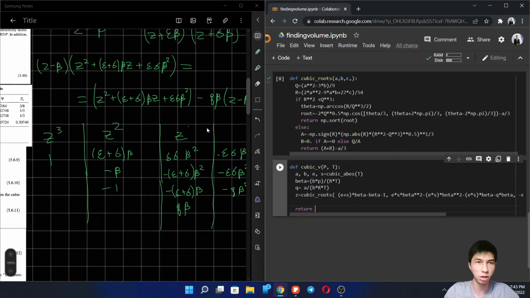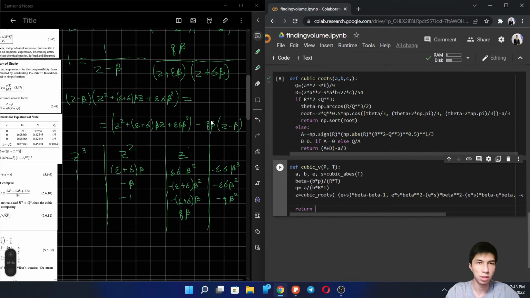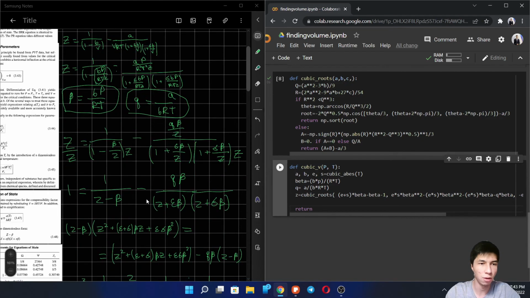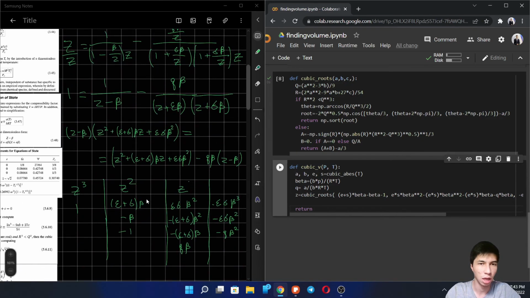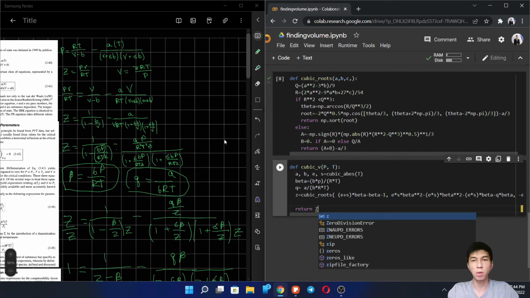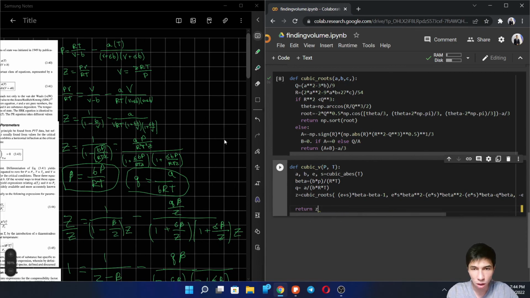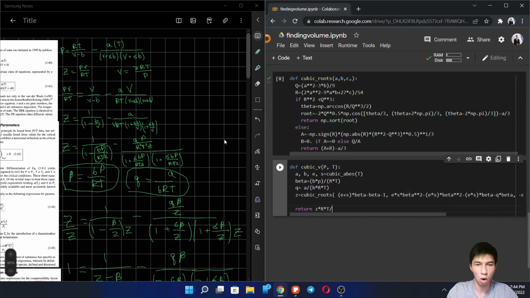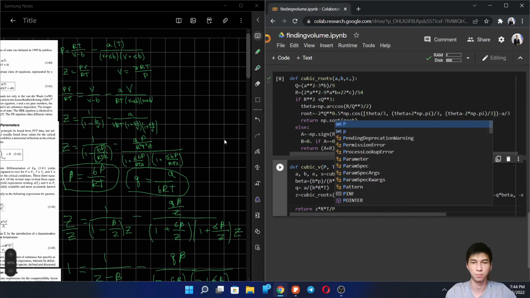And now we have to return. So our function has to return. Here we defined that our V is going to be equal to Z multiplied by R multiplied by T over pressure, right? So we're going to say that Z, which is the compressibility factor, multiplied by R multiplied by temperature over pressure.